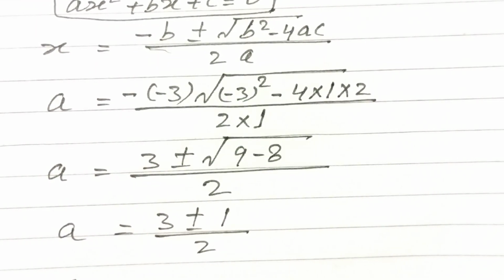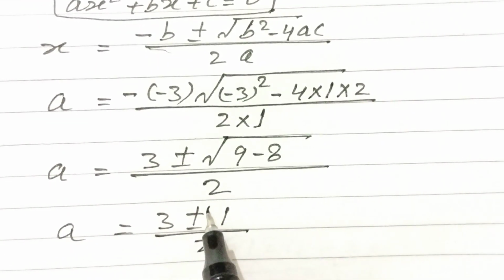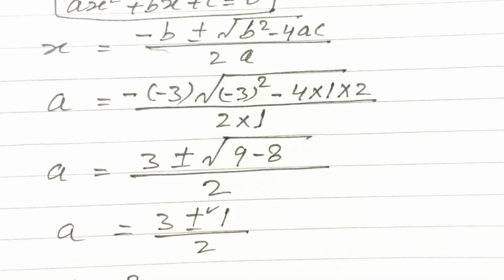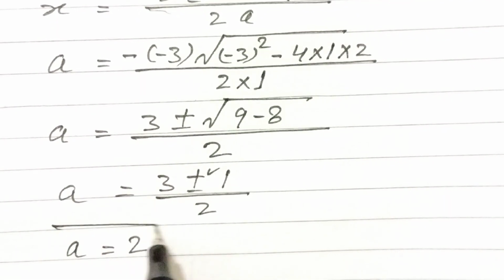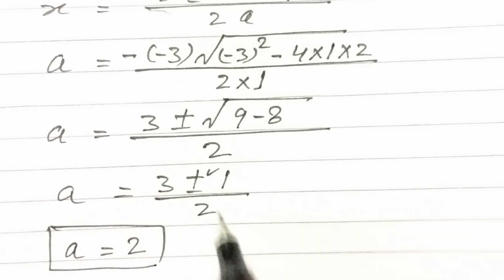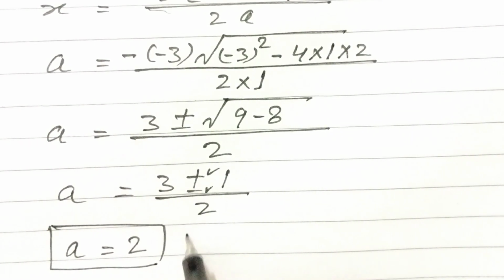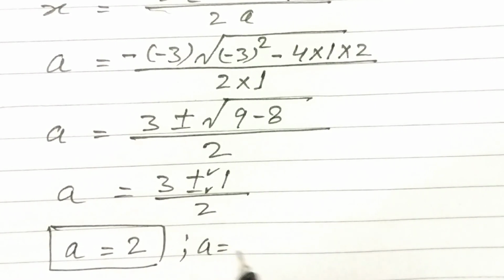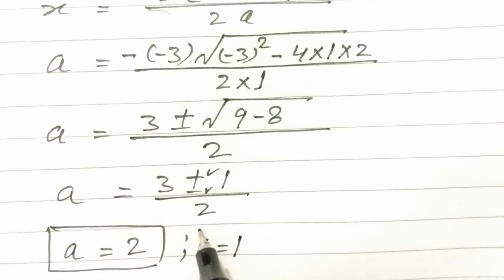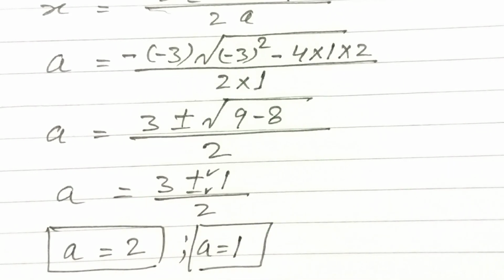Fine. So a is equal to 3 plus minus 1 over 2, right? So if we take plus sign, a will be equal to 2. If we take minus sign, a is equal to 1. Fine.